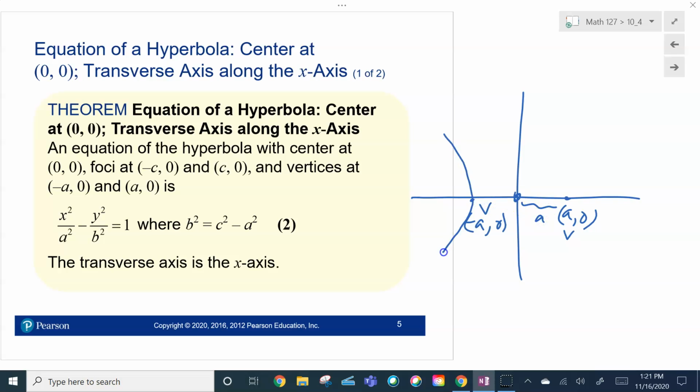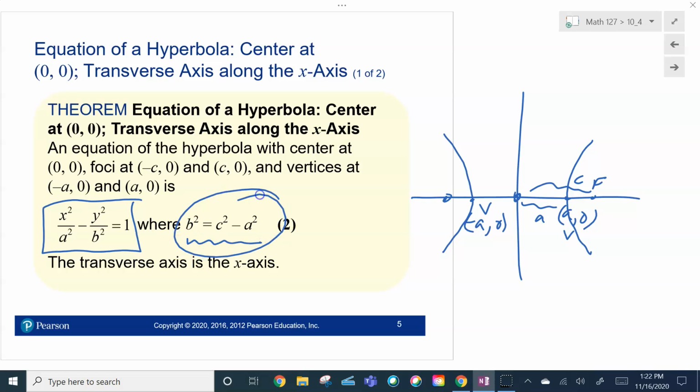And it's going to wrap around our focus points, which are c distance away from the center. Here's the other focus point. Then this is our equation: x squared over a squared minus y squared over b squared equals 1. And this is the relationship between a, b, and c: b squared equals c squared minus a squared.